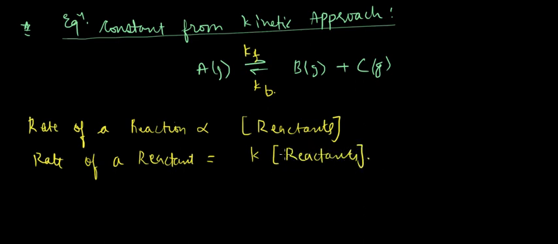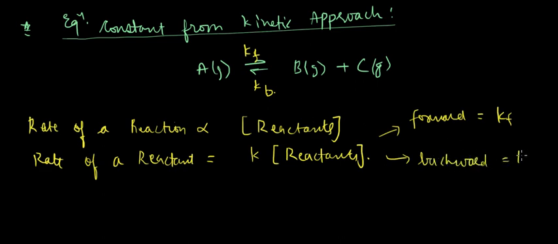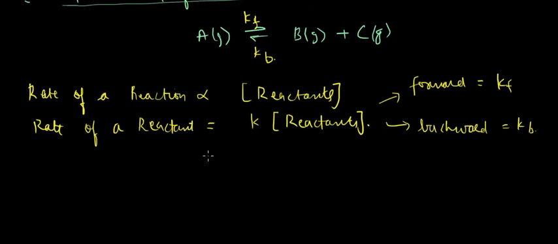So in this case the rate for forward direction is kf and rate for backward direction, in which the reactants would be B and C, is kb. Now let's say in the same reaction we have Bg plus Cg.